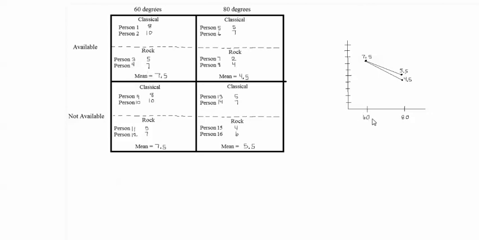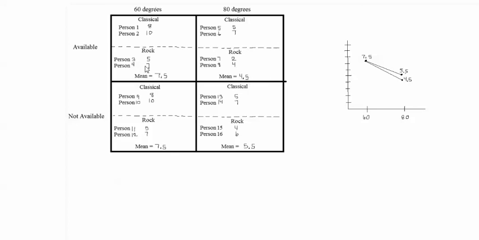I have the types of music down here. I'm sorry, we're ignoring type of music in this sheet right here because we're looking at temperature and water, and we're ignoring music in this case. So we're plotting these four cell means.